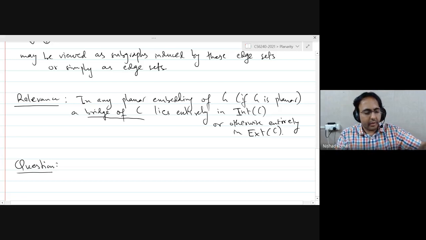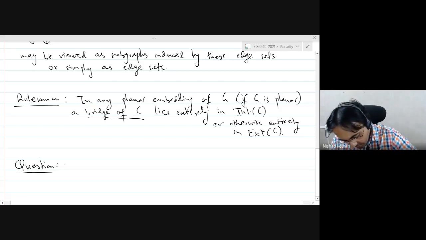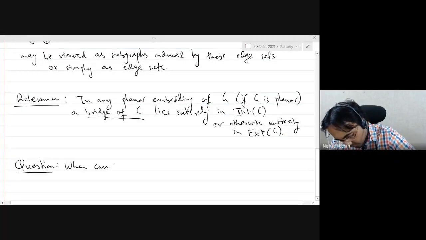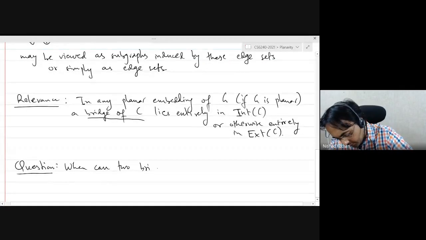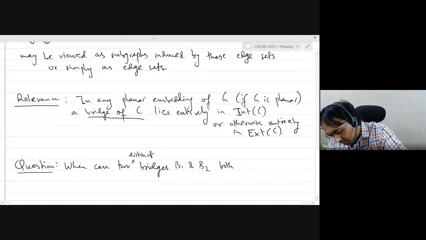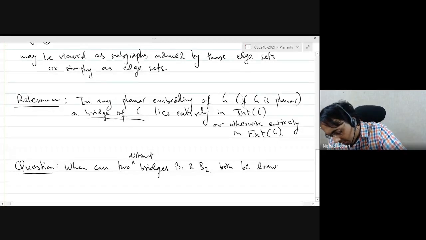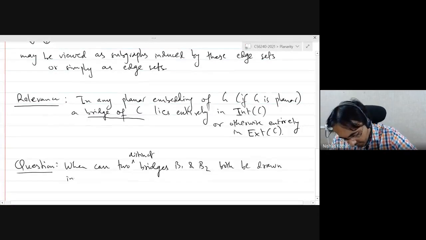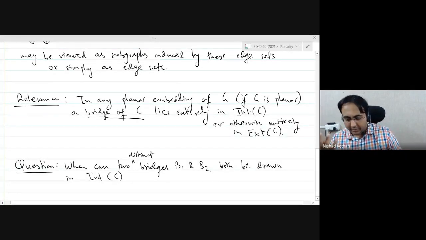So the question we are asking is, when can two distinct bridges, B1 and B2, both be drawn or embedded in the interior of the cycle C, where these bridges are bridges of the cycle C, right?